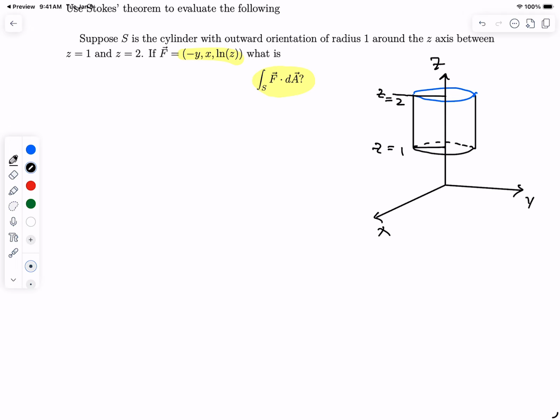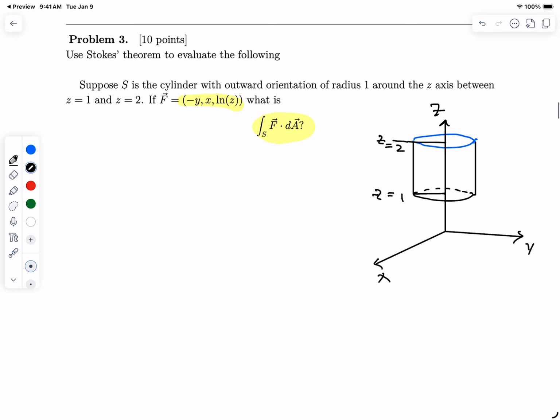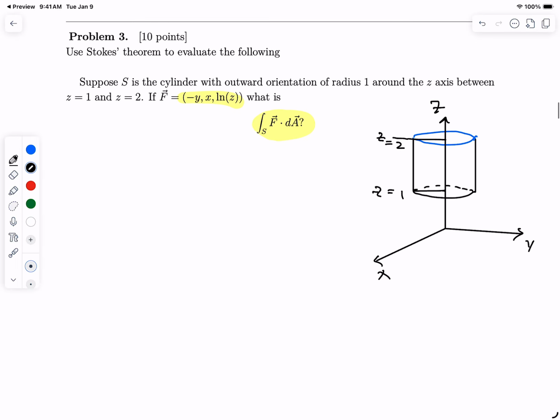I think we can apply the divergence theorem when we have a closed surface. We know that if you have a closed surface, the flux through the boundary is the same as the volume integral over the whole interior region, but this surface is not closed. Is it closed? It's not given, so we can assume. But how can we apply Stokes theorem here?